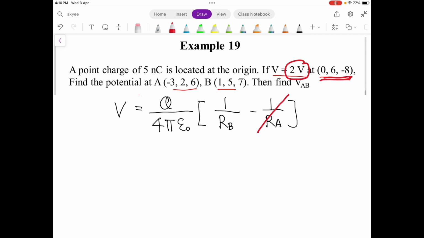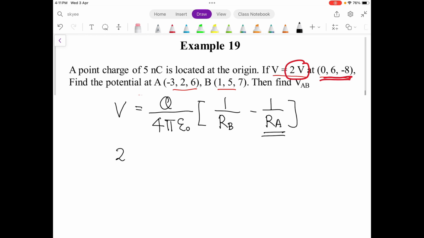But in this question, they didn't tell us what the V infinity is, so we cannot say that it is 0 because it wasn't mentioned. The only thing that we know is it is equal to 2 at this position 0, 6, negative 8. So we have to find the VA over here.